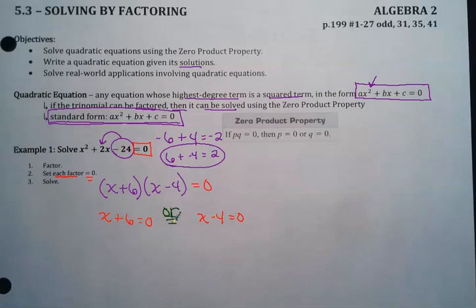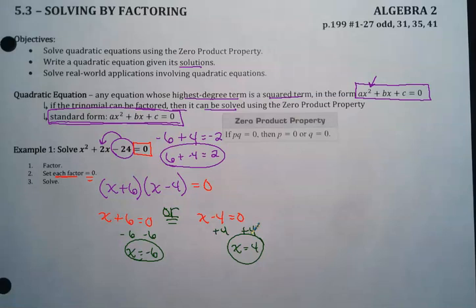One possibility is when x plus 6 is equal to 0. Another is when x minus 4 is equal to 0. We would subtract 6, so x would be equal to negative 6. Here we would add 4 to both sides, so x would be equal to a positive 4. Those are my solutions.